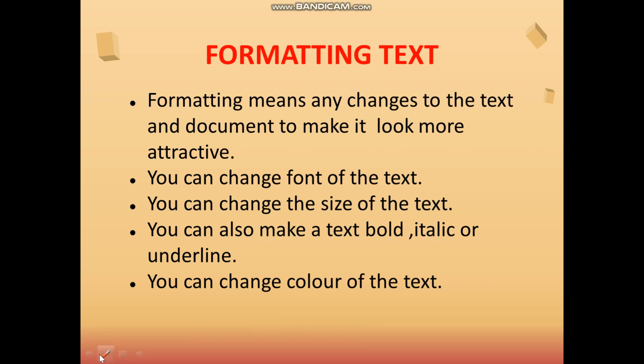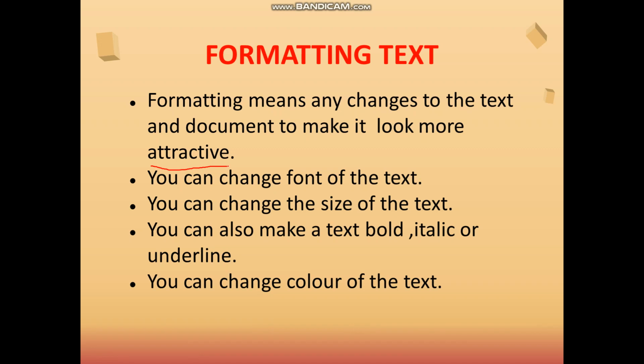Formatting text means changing the text and document to make it look more attractive. Suppose you have typed some story or some passage and you want it to look beautiful and attractive. You can change the color of the important words in between. You can make the heading bold.